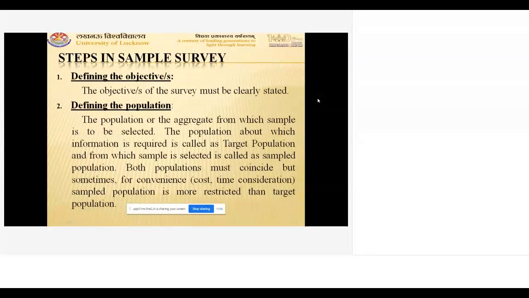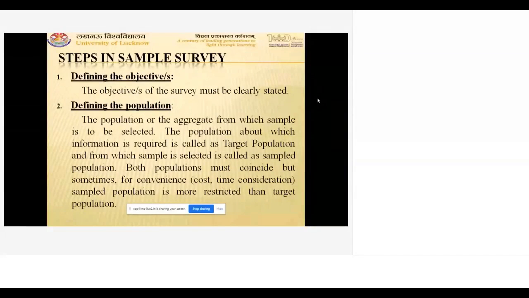And sampled population is the part of the target population from which the sample is to be taken. Due to limitation of time and cost and some other things, we cannot reach some places, which are excluded from the target population. For example, places which are very high from sea level, or in very difficult areas like forest or other places, where we cannot obtain data from the persons living there.